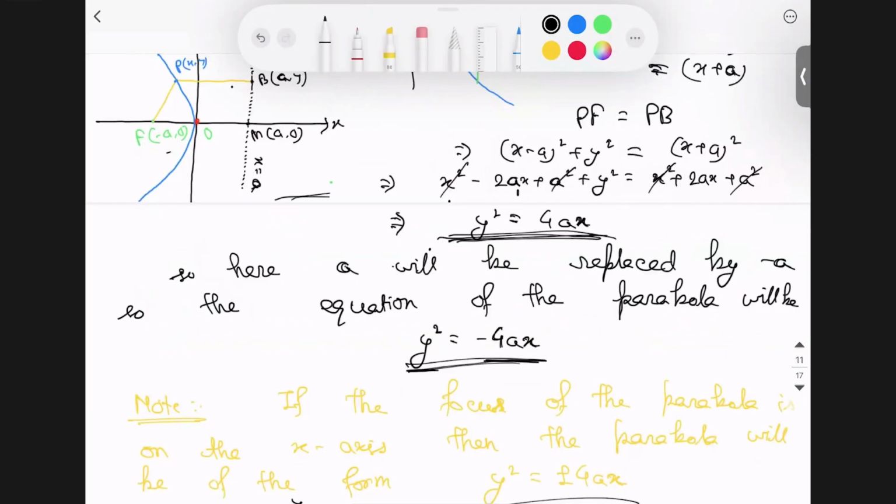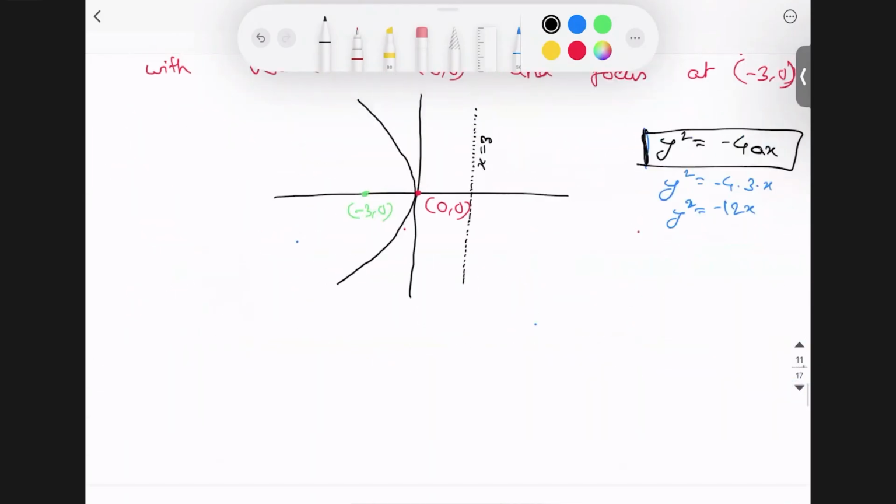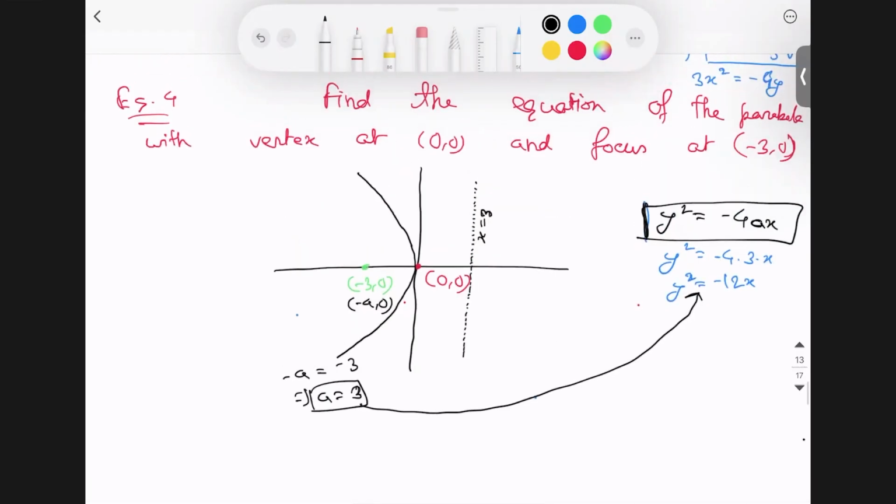So what will be the a? The focus should be minus a, 0. If I compare minus a equals to minus 3, this implies a equals to 3. That's why we put a equals to 3 in this equation, and we obtain the equation of the parabola. So don't get confused about why I have put a equals to 3 instead of minus 3.